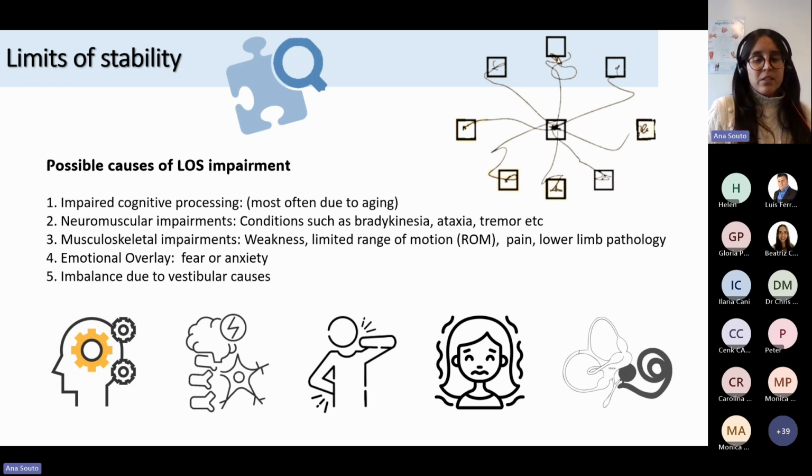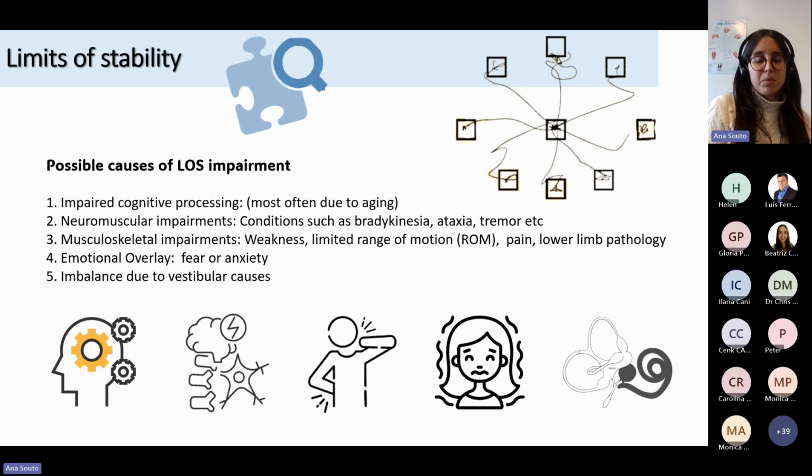The presence of pain. We know that pain affects neuromuscular activity. So I've seen a study with lower back pain and limits of stability. So we know that the presence of pain can affect limits of stability, and of course injuries in the lower limbs.